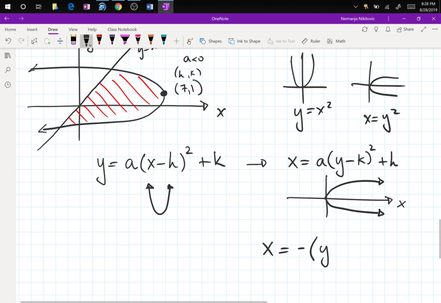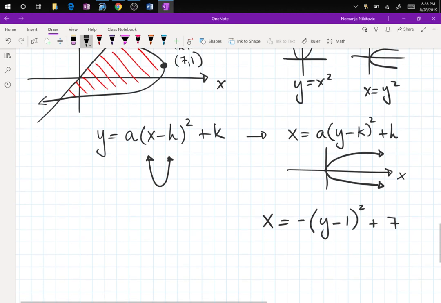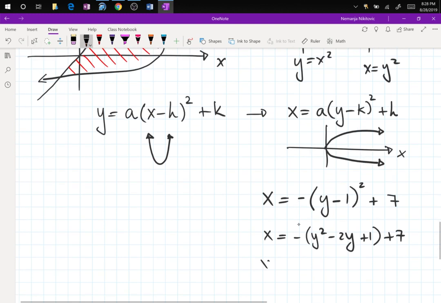That will be y minus k, k is 1, squared, plus, and then the value over here is 7. And now you can work that out, which is negative y squared minus 2y plus 1 plus 7. Apply the negative everywhere. Negative y squared plus 2y plus 6, because the negative makes that positive 1 into a negative 1. And we have our formula.